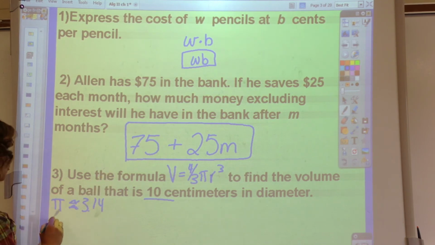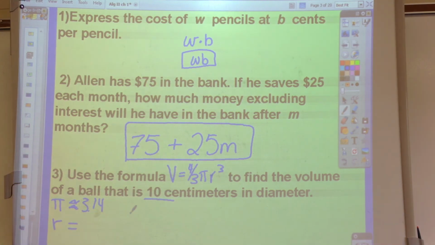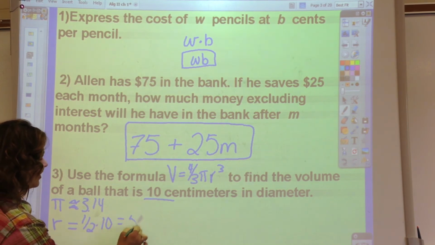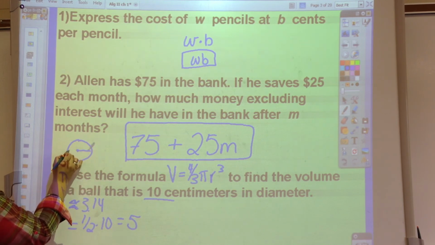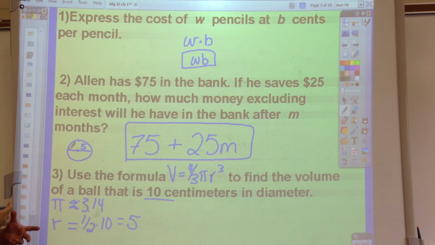And to find the radius, which is also in my equation, I need to find it from the diameter. Hopefully you remember that radius is 1/2 the diameter. In fact, if I drew you a little circle up here, let's say this is a nice sphere, the radius only goes halfway across, where the diameter goes all the way across.